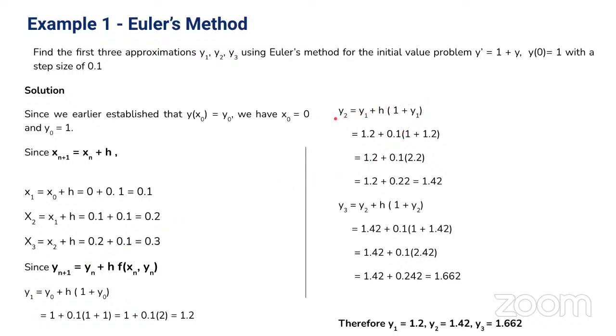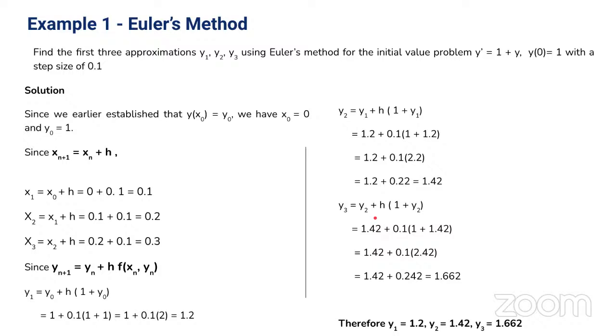We do the same thing for y2. Our y2 is y1 plus h into 1 plus y1, and we get the value for our y2 as 1.42. We do the same for y3, and we get the value of our y3. If we do the calculations here, just replace the values of h, y2, we get our y3 as 1.662.